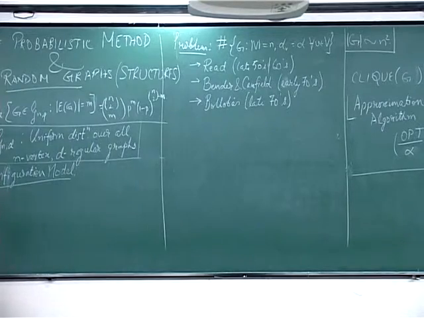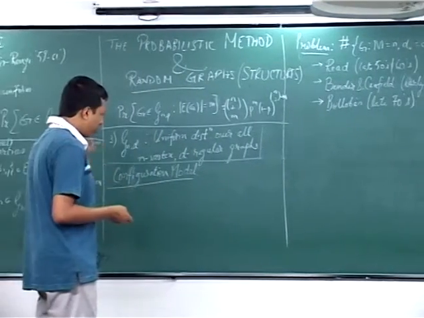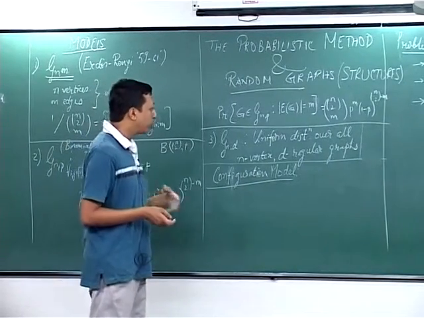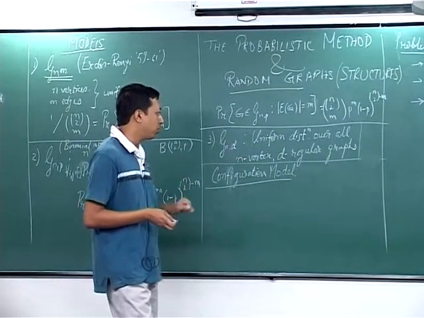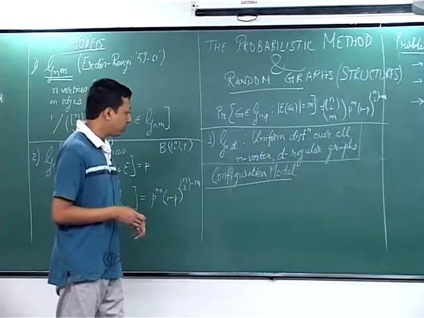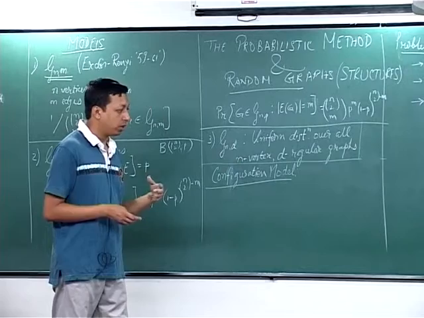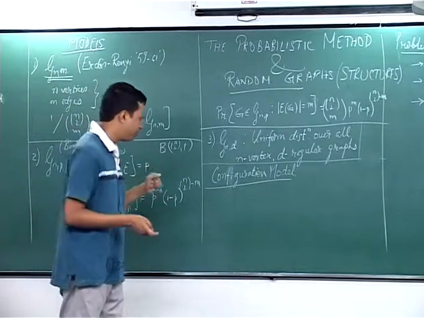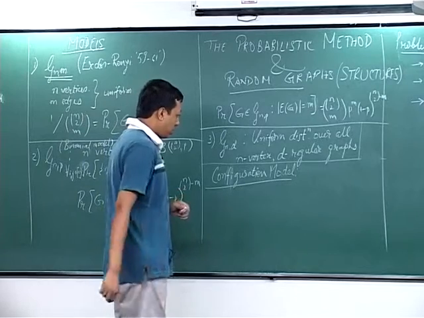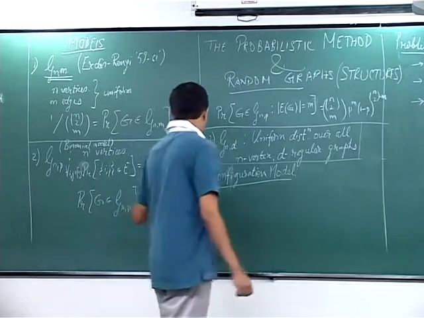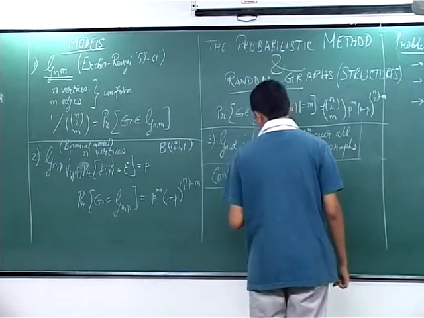And the nice thing about this is that you can use it to get a uniform distribution over all such graphs, and you can also study random d-regular graphs from these things. So it's comparatively easier to study, although not as easy as this.